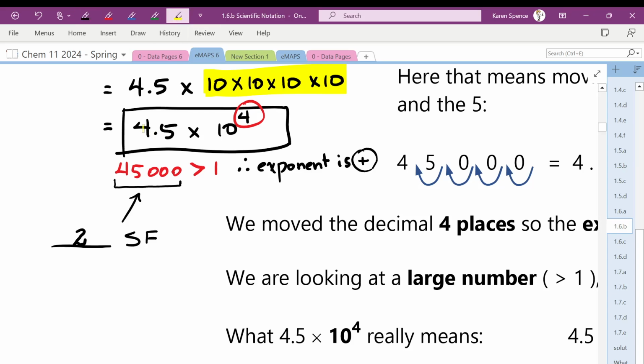Have I written my answer with 2 sig figs? Does that 4.5 times 10 to the 4 have 2 sig figs? Yes. When we count sig figs in scientific notation, we just ignore the times 10 to the whatever. It is meaningless in terms of significant figures. For sig figs in scientific notation, we only count the numbers in the coefficient.